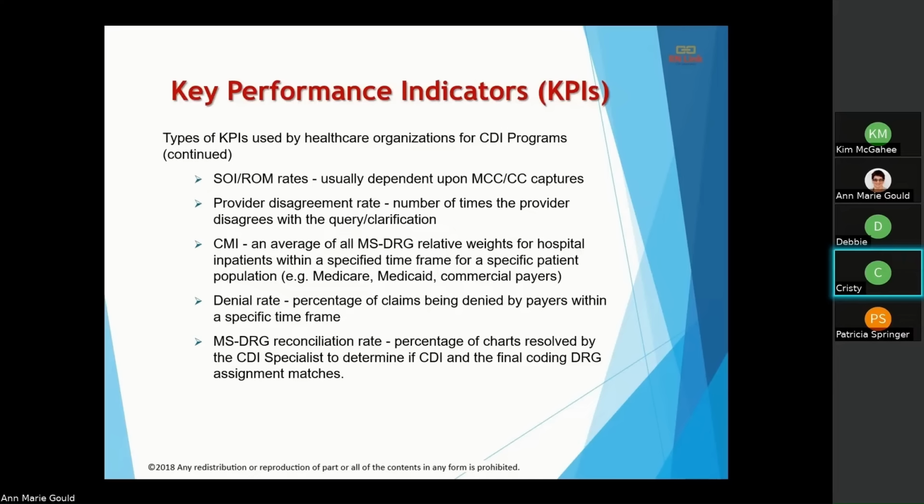That's when the CDI is reviewing it because it doesn't match the coder's final coding. So they do have that in some facilities, like the mismatch. And I forgot to say that some of our coders are very nice, where they'll tell me where I made my mistake and how I can improve, which I love because that'll help me the next time.